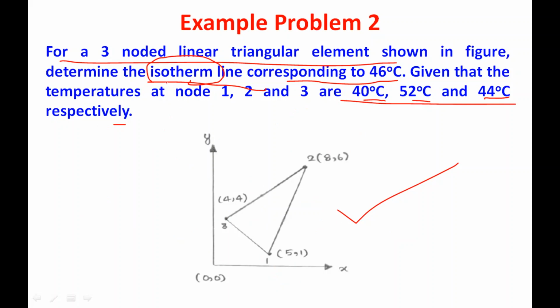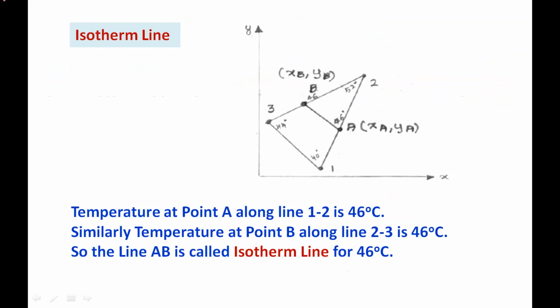So what is meant by isotherm line? First we have to discuss, then we will see how to find this isotherm line for this particular triangular element. In this given element, the node 1 nodal temperature is 40 degrees, node 2 we have 52 degrees, node 3 we have 44 degrees.